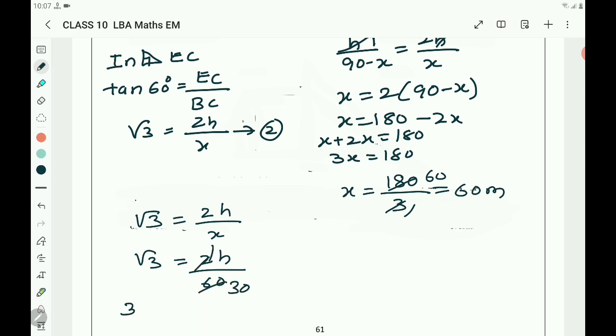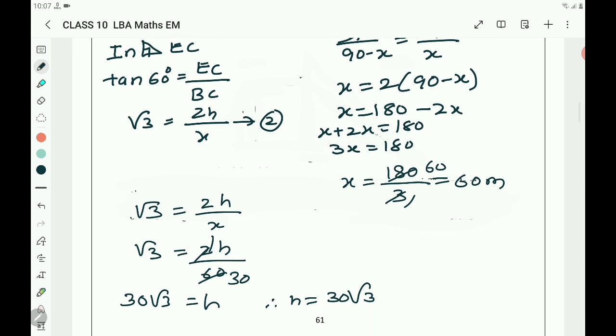Then it becomes 30 root 3 is equals to h. H is equals to 30 root 3. Therefore h is equals to 30 root 3 and 2h is equals to 2 into 30 root 3, which is equals to 60 root 3 meter.